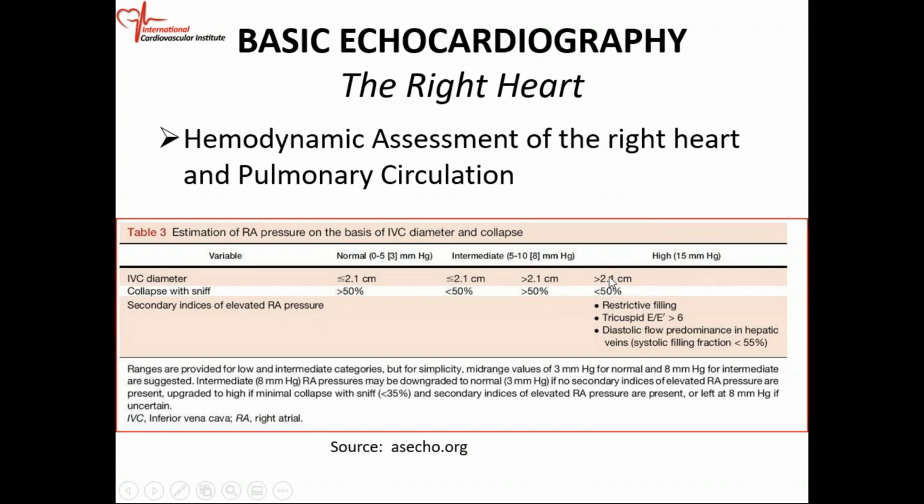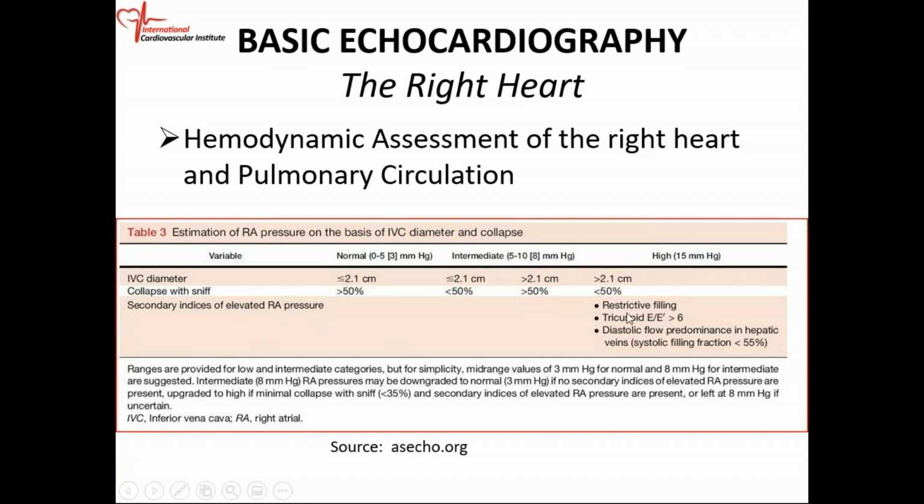If the IVC is larger than 2.1 centimeters, and you get less than 50% collapse with inspiration or the sniff, then the right atrial pressure is about 15 millimeters mercury. Okay?